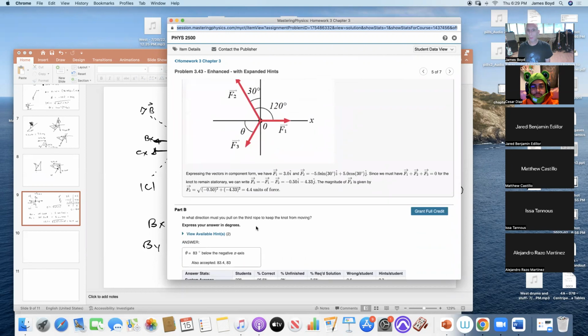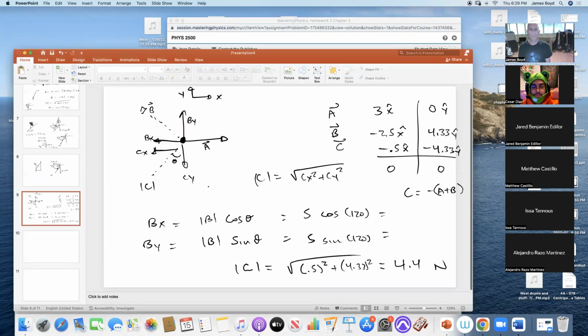What direction must you pull to keep it? Okay, so the angle of C is arctan of CY over CX. Arctan of 4.33 over 0.5 is 83.4, but that's here. So we need to either subtract or add 180 degrees to 83.4.